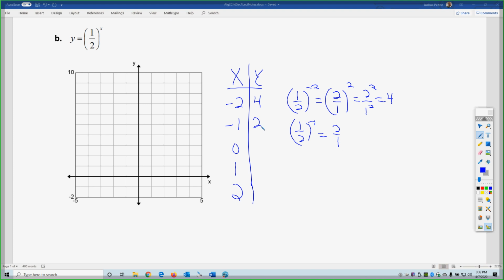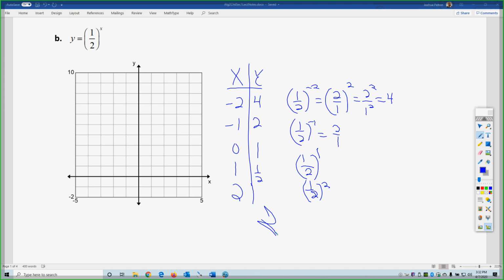Anything to the 0 power is 1. 1/2 to the 1 and 1/2 to the 2 gives us 1/2 and 1/4. So what you notice is we get the basic opposite values of what we had before. The table is flipped, basically, is what I should say.